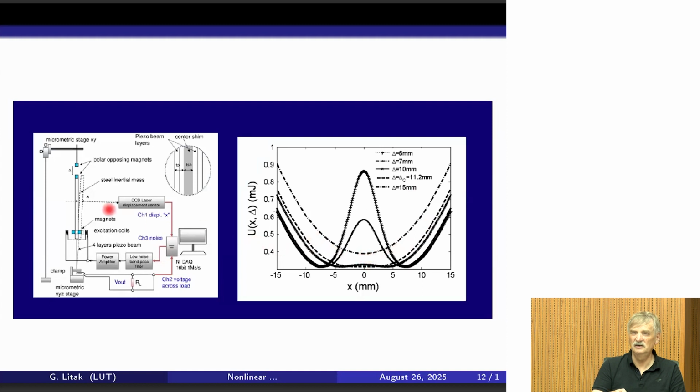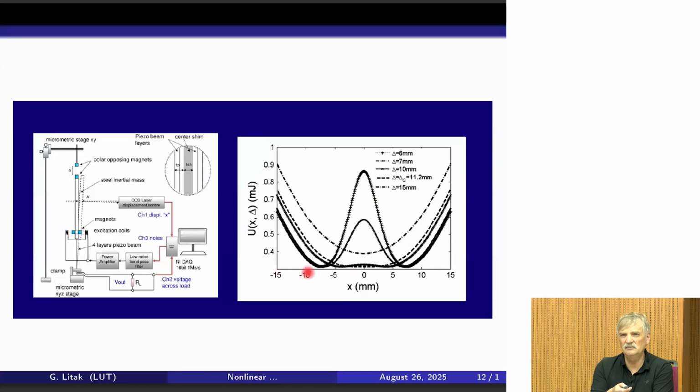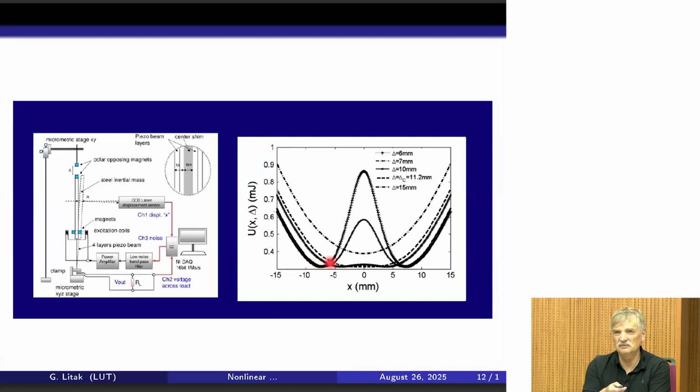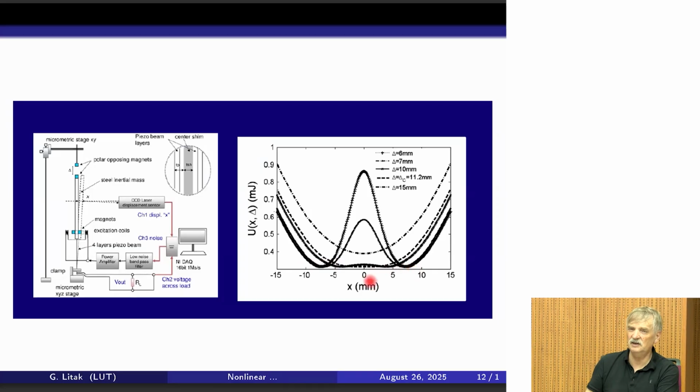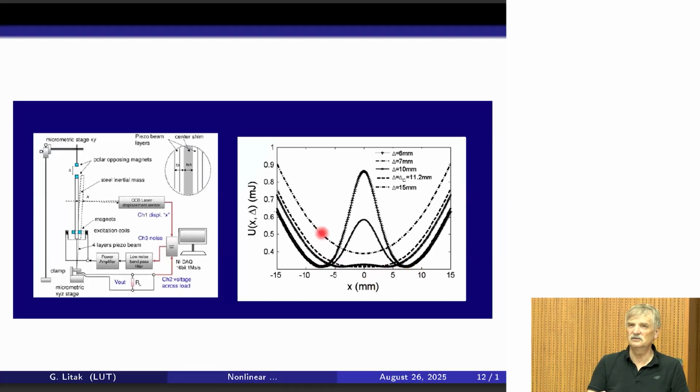And if you have a smaller distance, then there was such a creation of these two minima. Minima is signaling that there are two equilibria, and if you have some energy in the system, there would be oscillation around this point or oscillation around that point. So you can see that there are two solutions because these are different solutions.